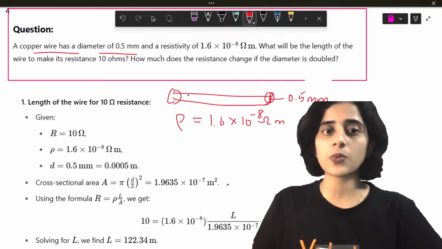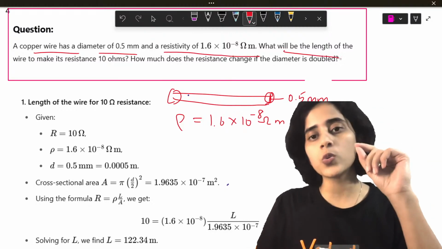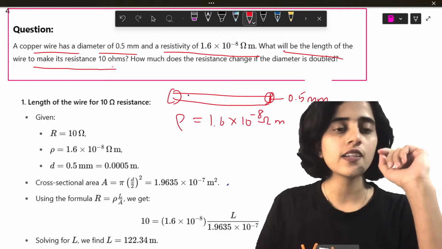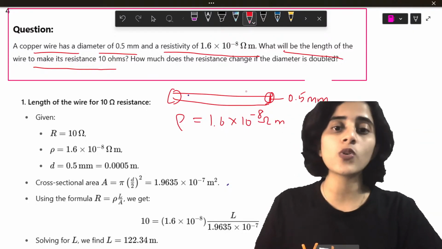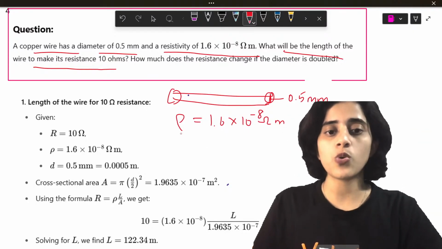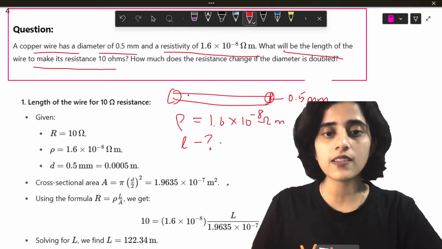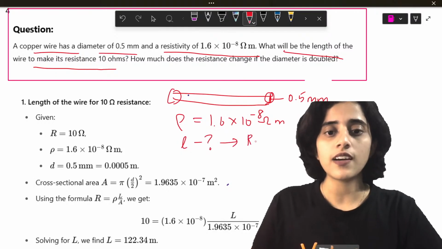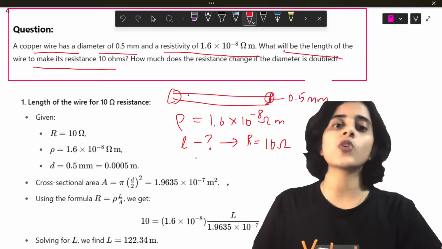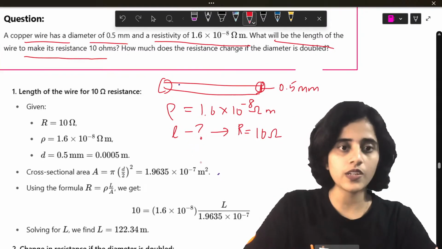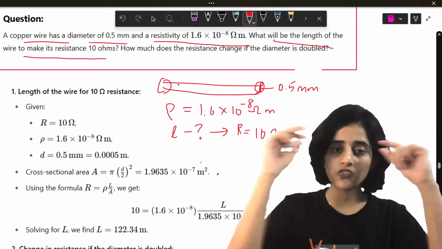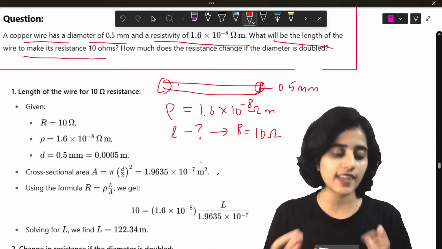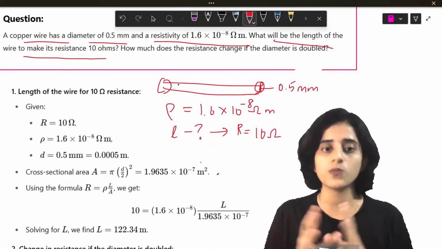This much is given to you in the question. What will be the length of the wire to make its resistance 10 ohms? Okay. So what should the length be such that R is 10 ohms? That is the question.